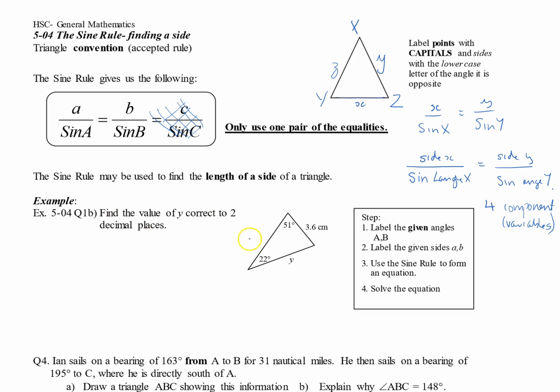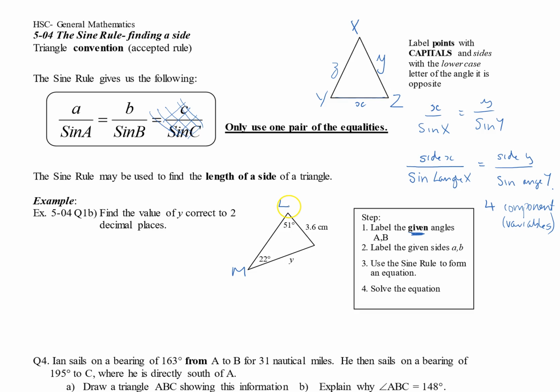So let's have a look at this example. Step 1, I would encourage you to label the given angles. So here we have two angles. I'm just going to introduce a whole other set of letters, L and M, and as long as they're capitals, then we're following the convention of the accepted notation.